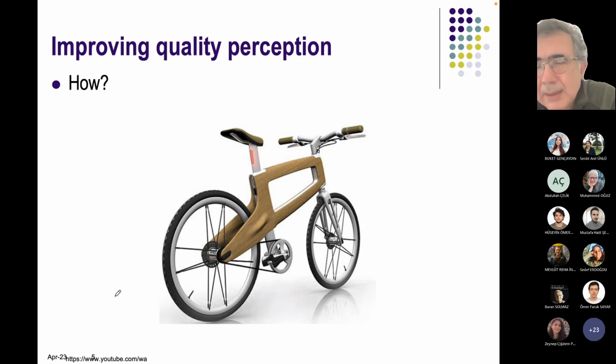Parallel lines, symmetry, smooth surfaces, nice looking fonts, usually solid, are associated with higher quality. Alignment, adjustments, spaces, stability in spaces, stability in fonts.